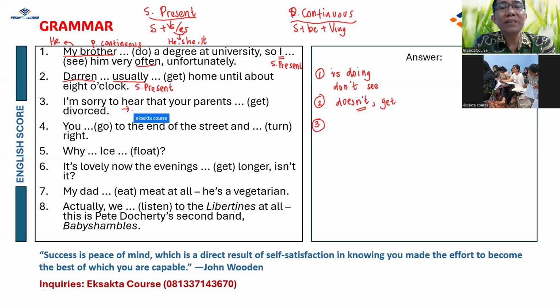Look at there, there is parents. Okay, parents, you know that is more than one. So if more than one, to be uses are. So the answer: I'm sorry to hear that your parents are getting divorced.